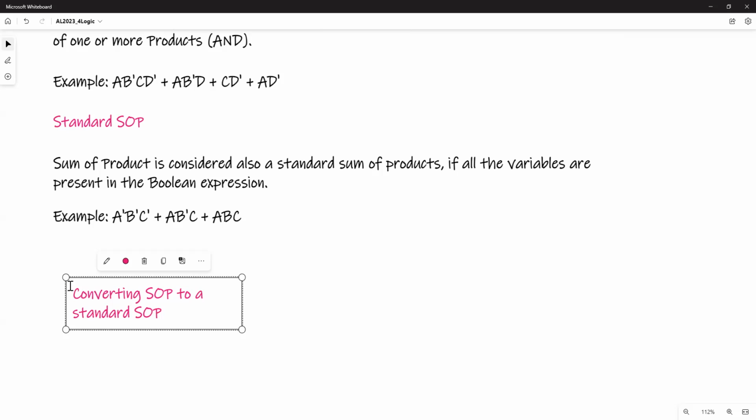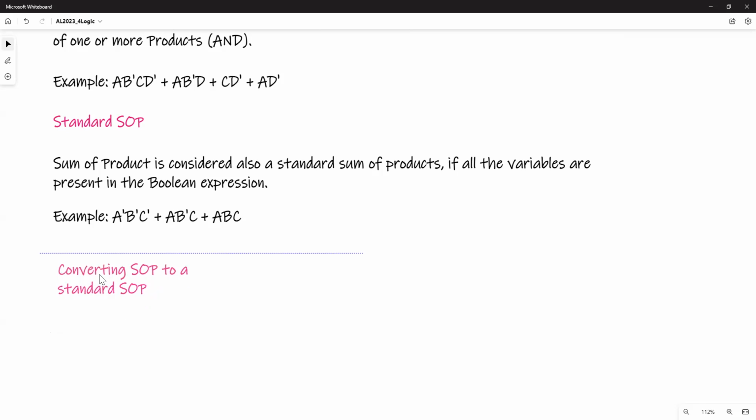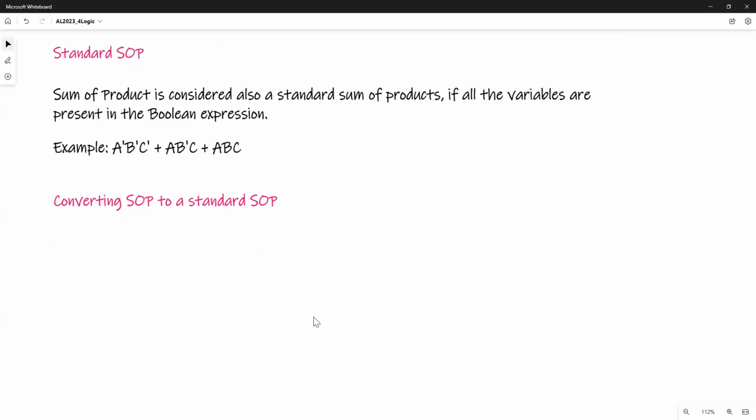Right. So that's what we are going to learn here. We are going to convert any given SOP to standard SOP, right?